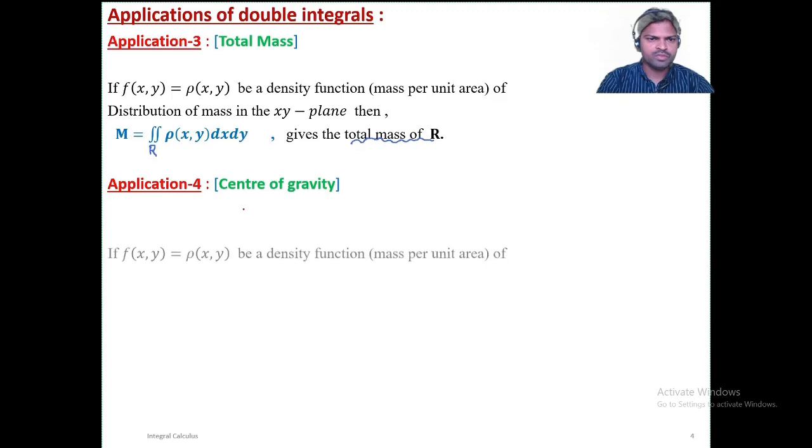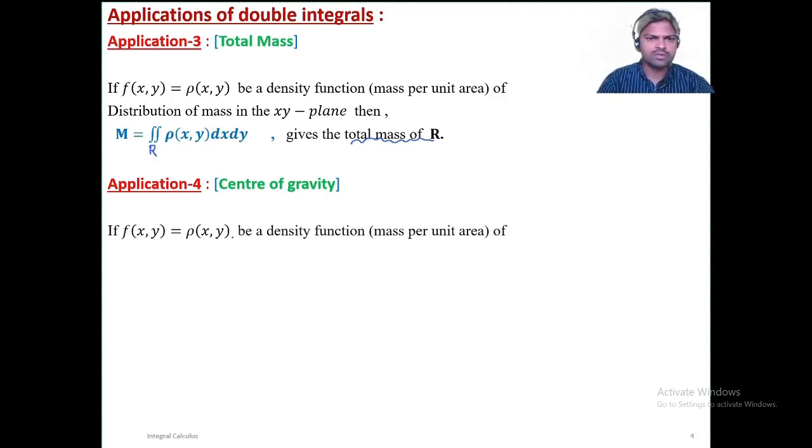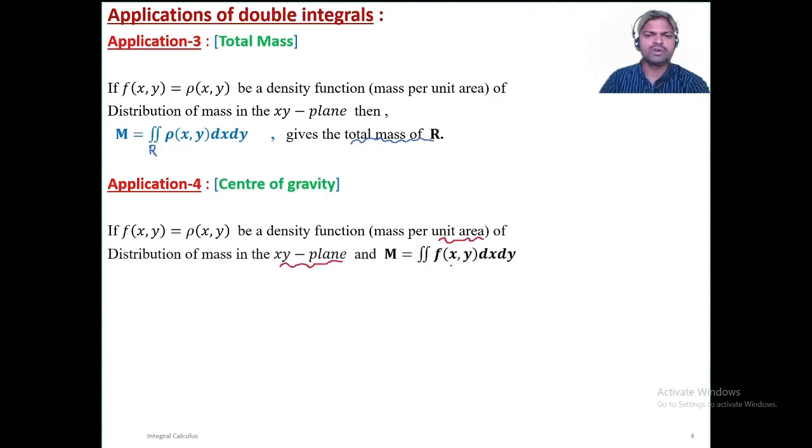Let's look at the application. If f of x comma y is equal to rho of x comma y be a density function, which gives the mass per unit area in the xy plane, then the double integration of f of x comma y dx dy, where f is rho of x comma y, will give you the mass of this object R. Remember, the application of double integration depends on the nature of the function f.